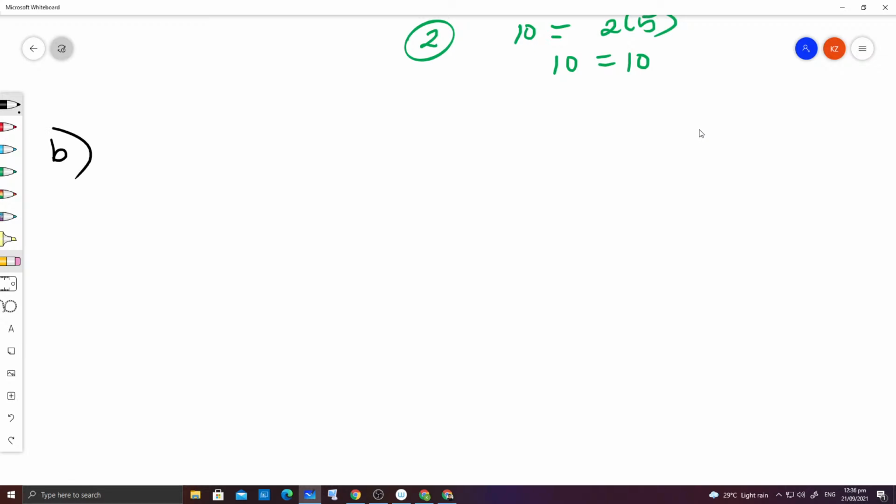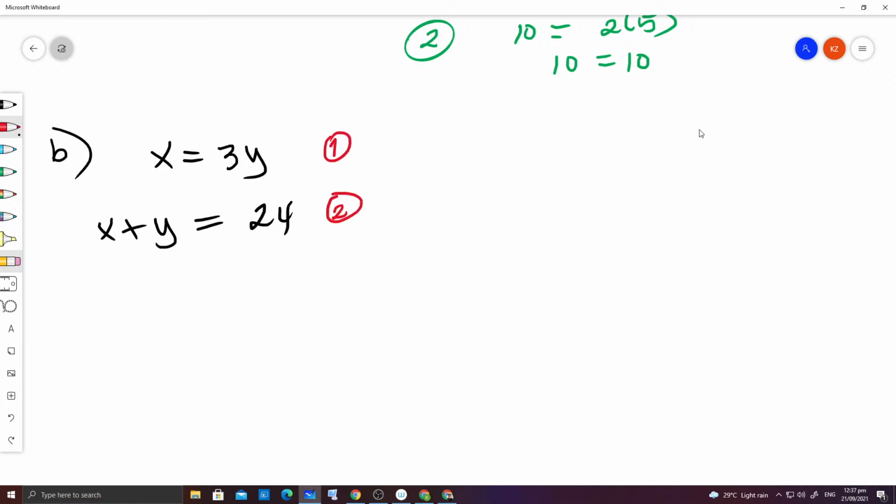For letter B, x is equal to 3y, and x plus y equals 24. So this is equation 1, this is equation number 2. We can see that equation 1 says that x is equal to 3y.